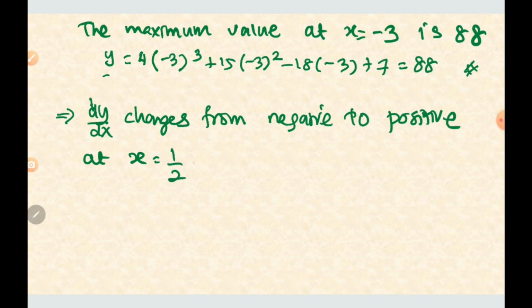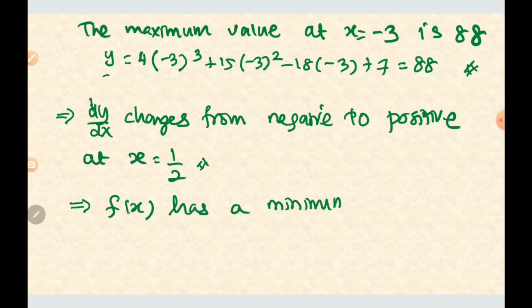So therefore, what is the conclusion? Therefore, the function f(x) has a minimum value at x equals 1 over 2.